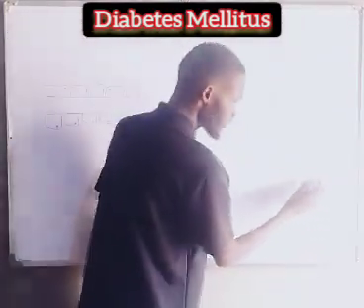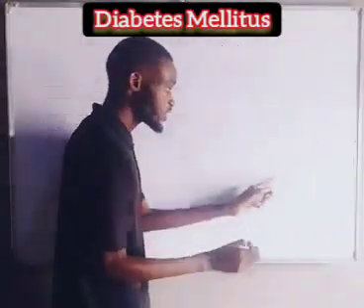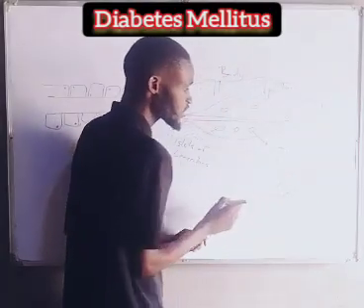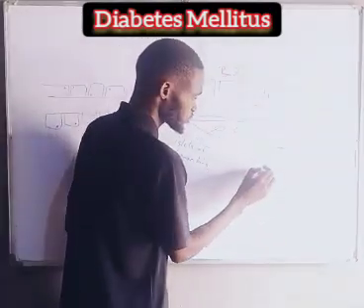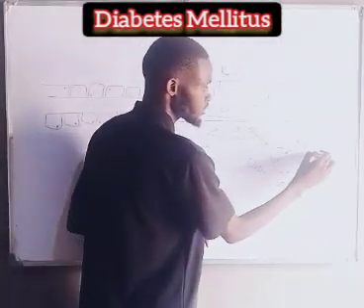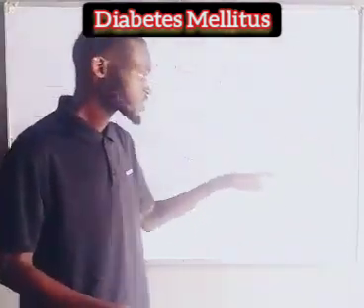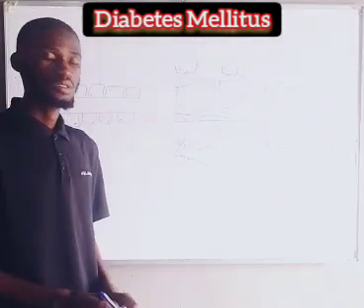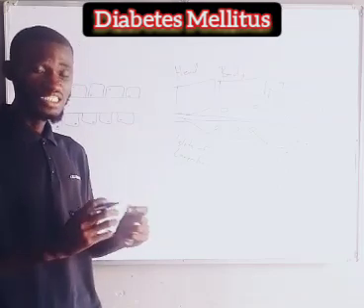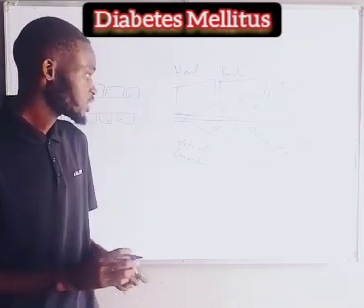We have the beta cell, the alpha cell, the delta cell, and the PP cell. Each of these 4 cells has a specific role or function it plays.